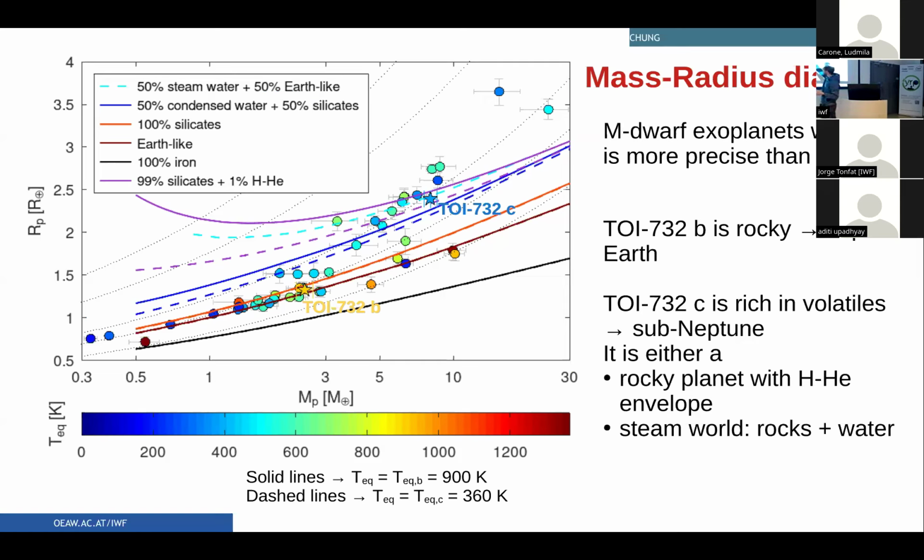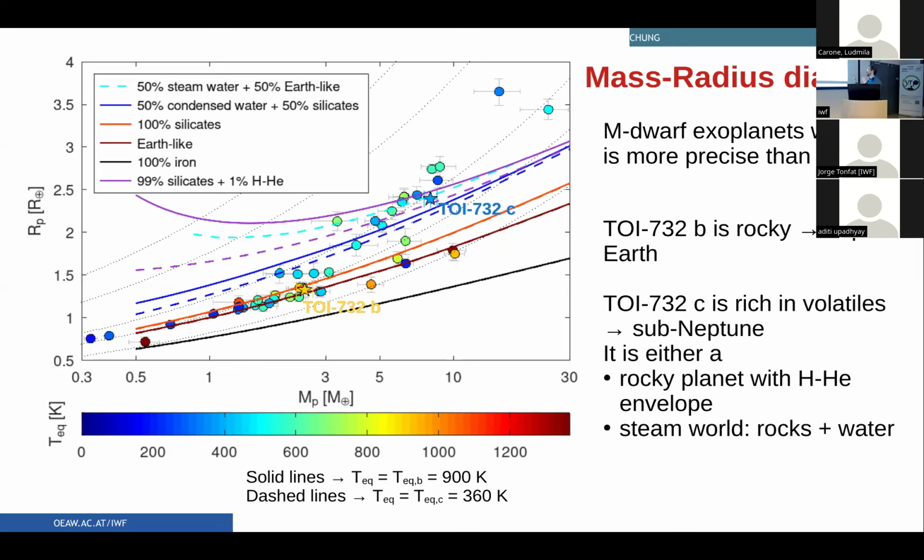While instead the bottom part with the orange, brownish, and then the very bottom black line is characteristic of planets that are Earth-like or partially silicates, partially iron, and so on.